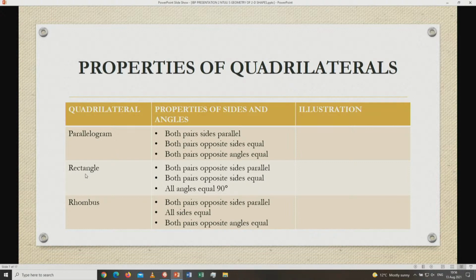And then a rectangle. A rectangle: both pairs of opposite sides parallel. That is what we must know first. Both pairs of opposite sides equal. All angles equal 90 degrees in a rectangle.